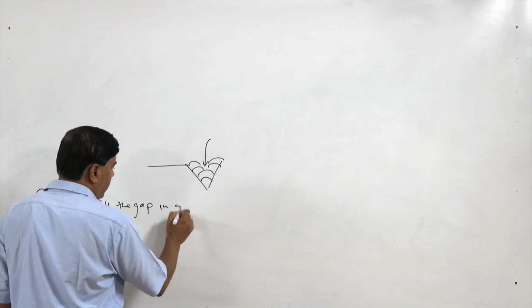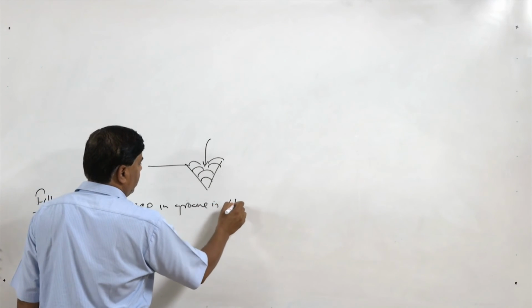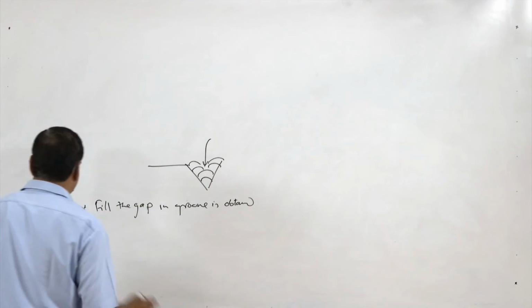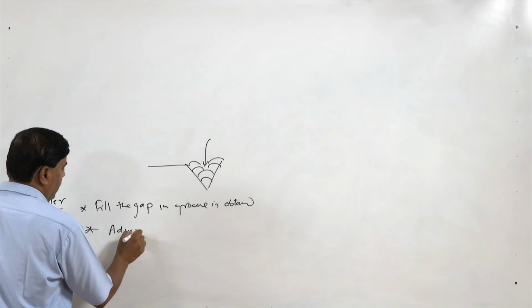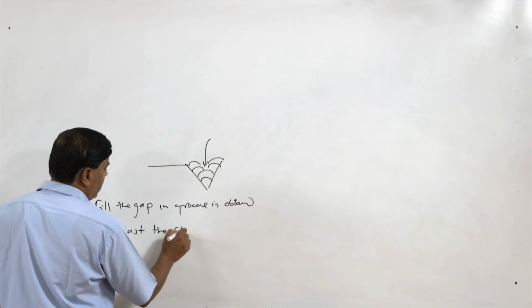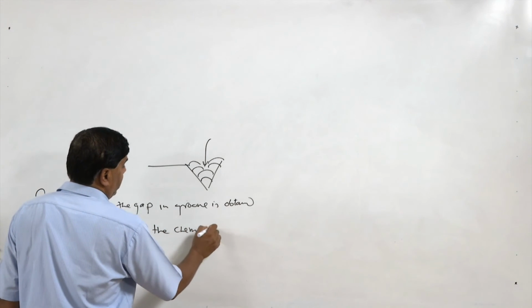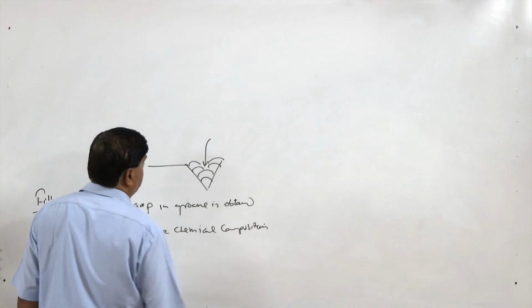The second one is that filler of a different composition is intentionally used sometimes to adjust the chemical composition of the weld metal.